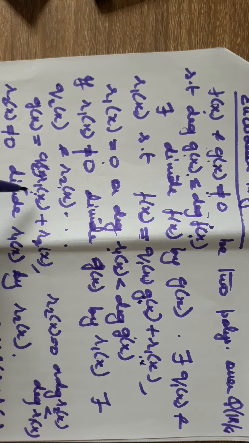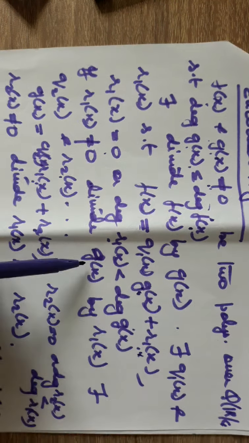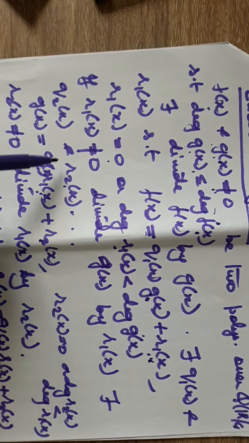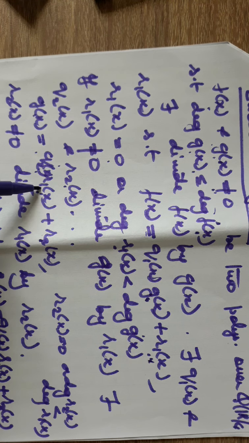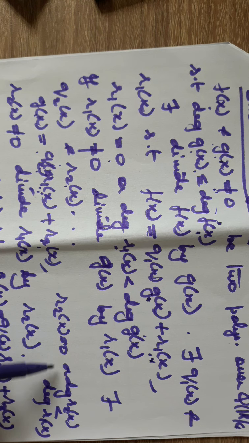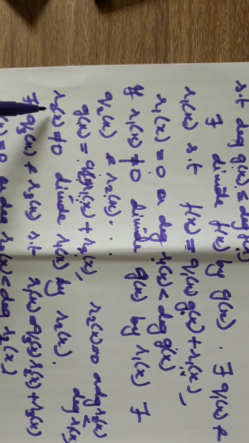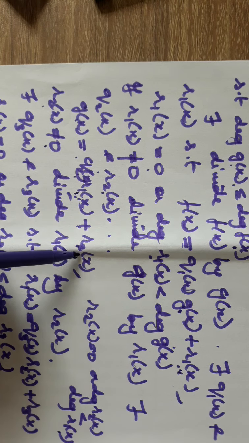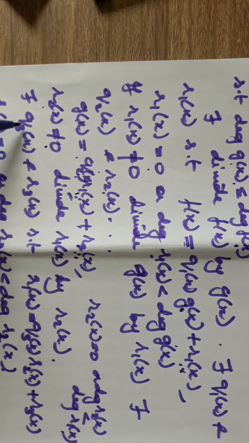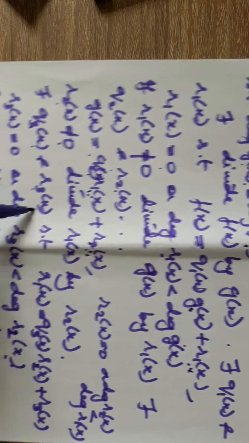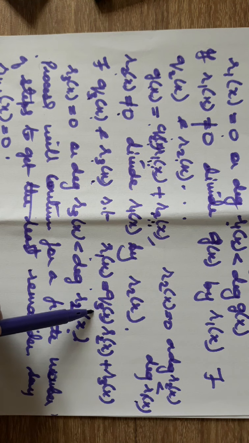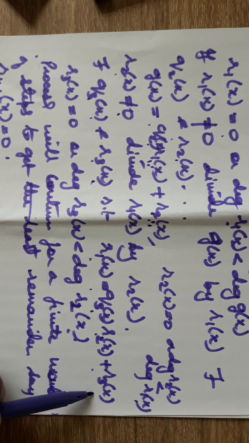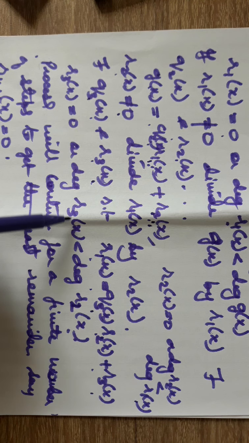Again using the division algorithm, there exist q2(x) and r2(x) such that g(x) equals q2(x) times r1(x) plus r2(x), where r2(x) equals 0 or the degree of r2(x) is less than the degree of r1(x). Now if r2(x) is not equal to 0, you divide r1(x) by r2(x). By the division algorithm, there exist q3(x) and r3(x) such that r1(x) equals q3(x) times r2(x) plus r3(x), where r3(x) equals 0 or the degree of r3(x) is less than the degree of r2(x).